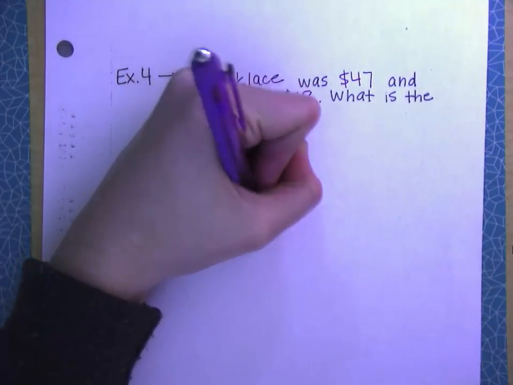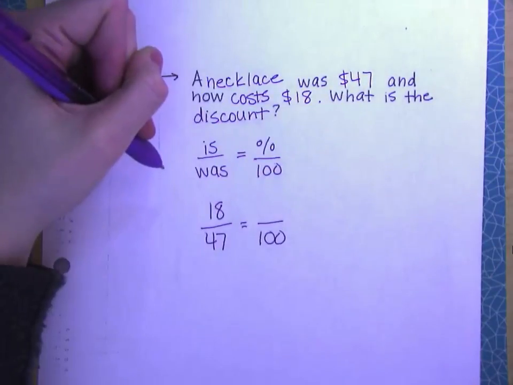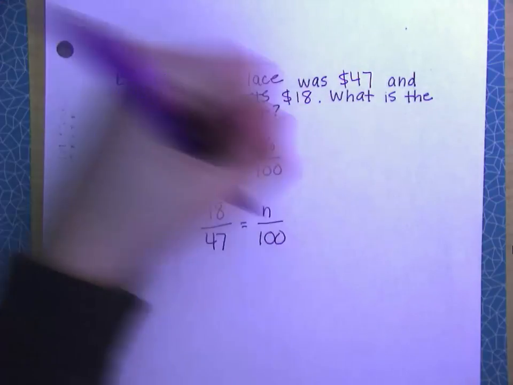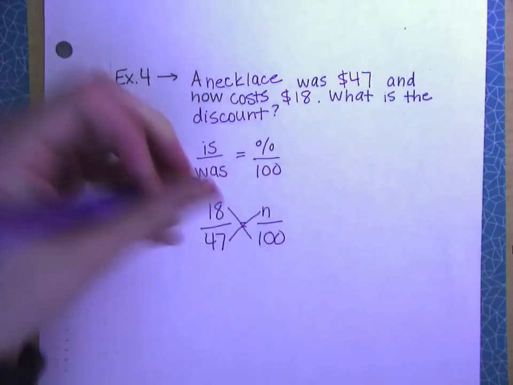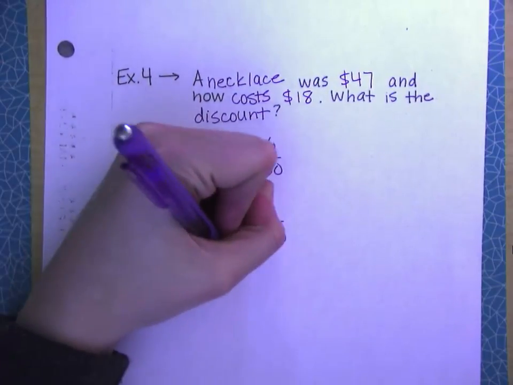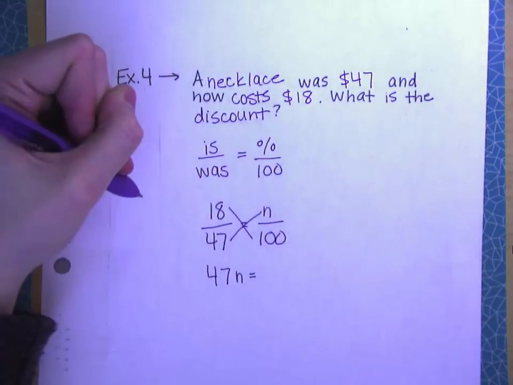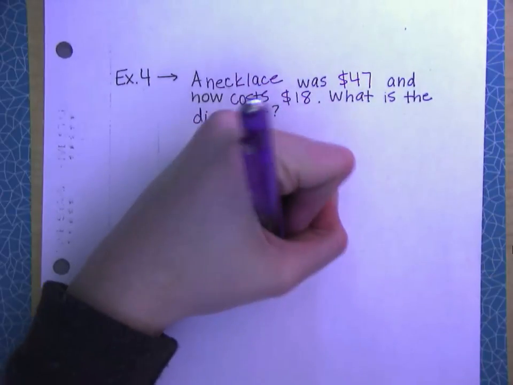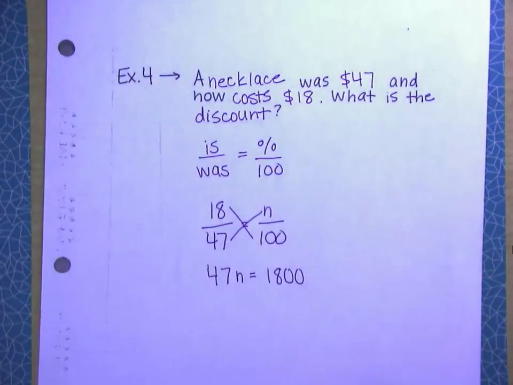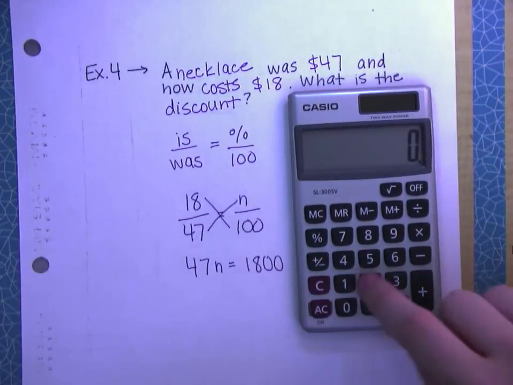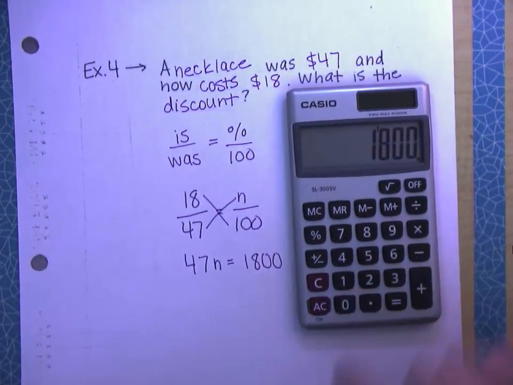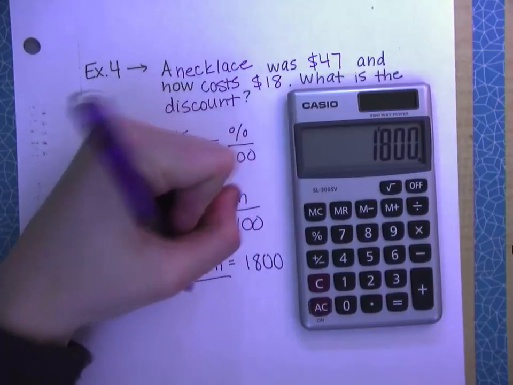And we don't know what the percent off or the discount was, so that's going to be our variable. Okay? So then we're going to cross multiply, and we'll get 47n equals 1,800.